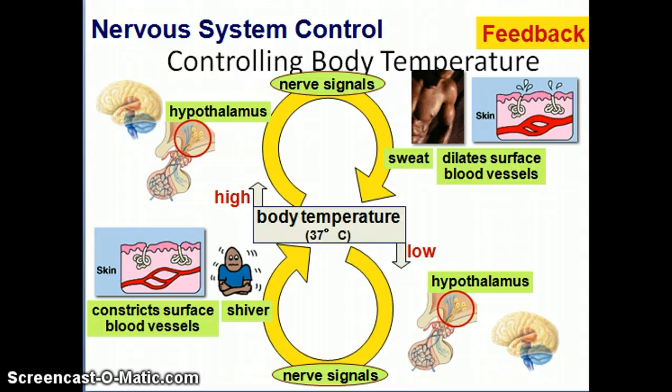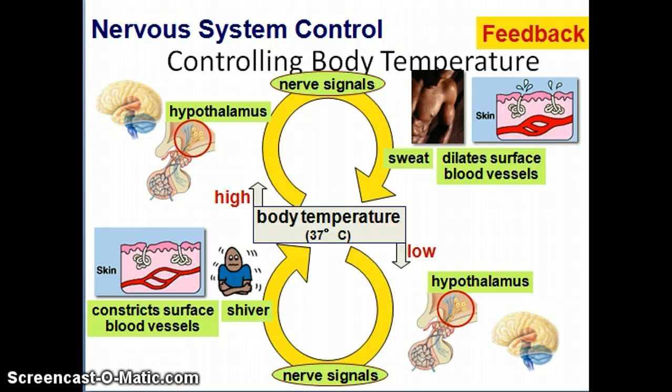These different mechanisms are controlled by this rise in body temperature until the temperature of the body comes back down to the set point of 37 degrees, at which point the hypothalamus will stop causing the responses to occur.